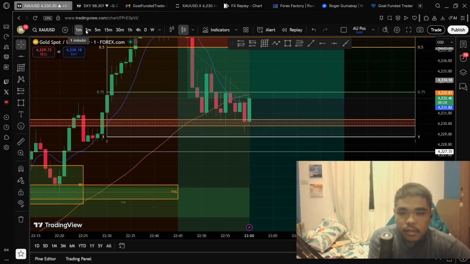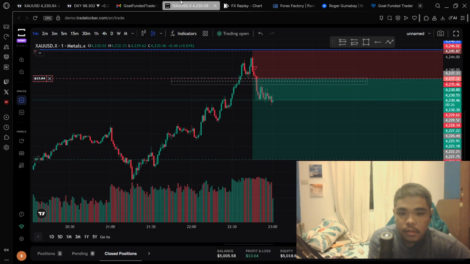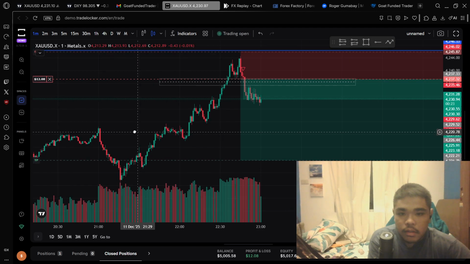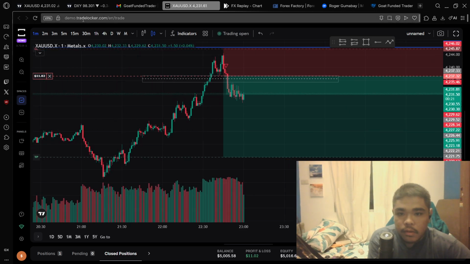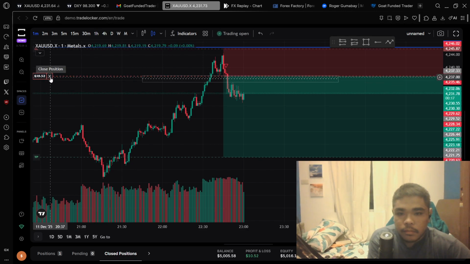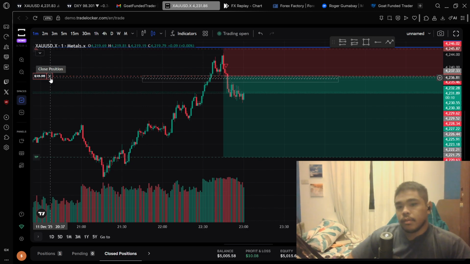Still respecting this consequent encroachment. Seconds. This is a bearish flag.